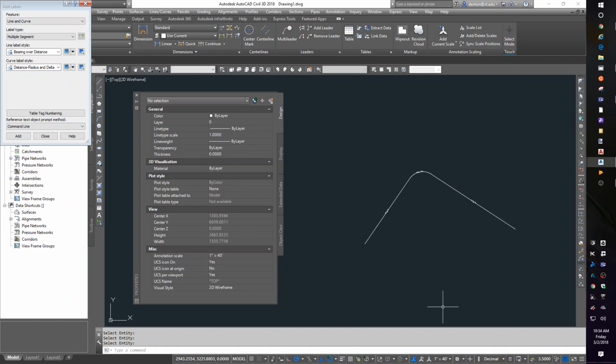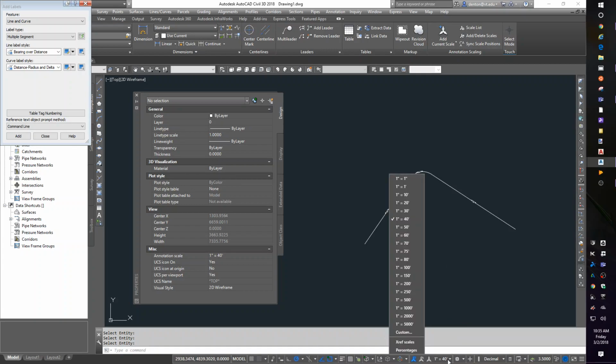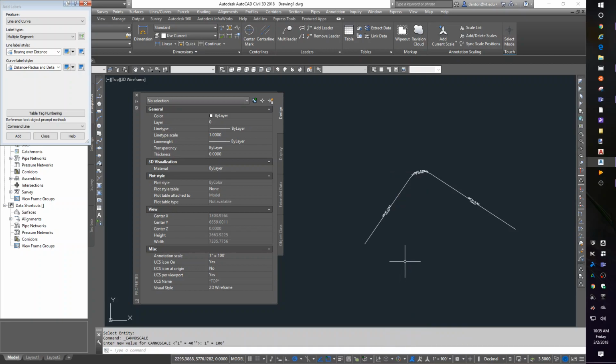We could change that. Now the thing I wanted to show you here is if I switch to a different scale of, let's say, 100, the text gets bigger automatically. So these are intelligent objects. Okay, this is 1,171 feet.